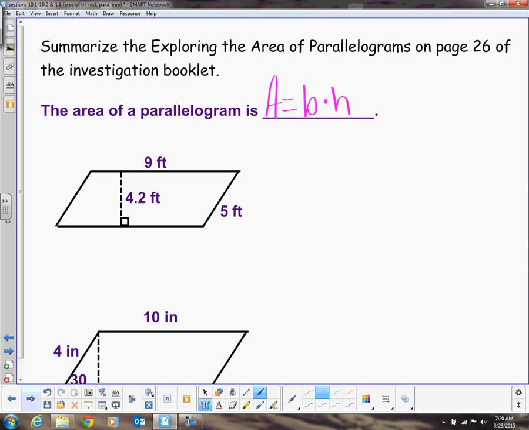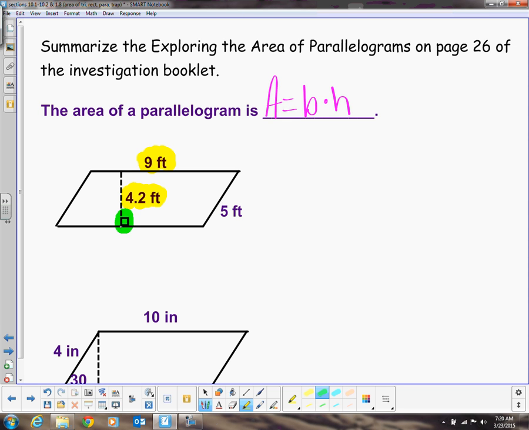All right. So, if you look at this picture, what is the base and what is the height? 9 is the base. Okay, why didn't you choose 5? What's wrong with 5? How do you know? The relationship between any base and height is what?